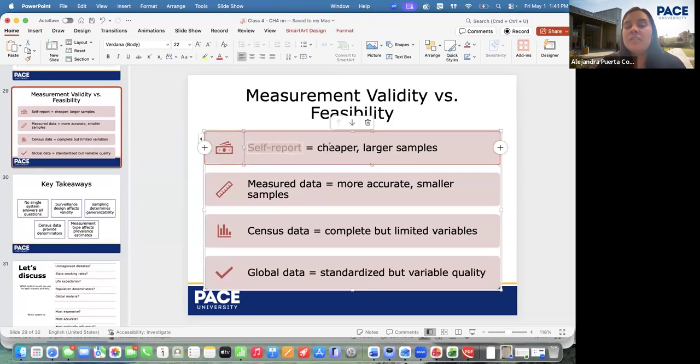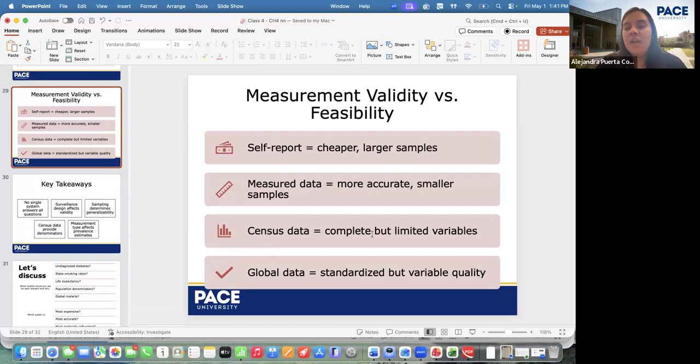Everything that is self-reported is going to be cheaper and it's going to allow you to have larger samples, but your results are not going to be as accurate, right? If you have measured data like lab test results and when you measure height and weight yourself, you have more accurate and smaller samples, right?